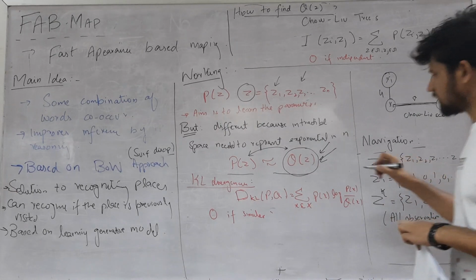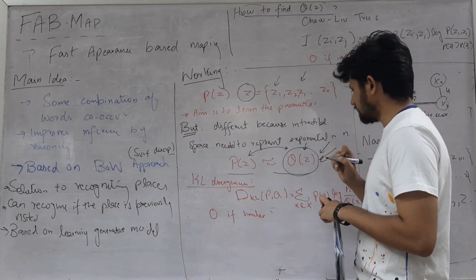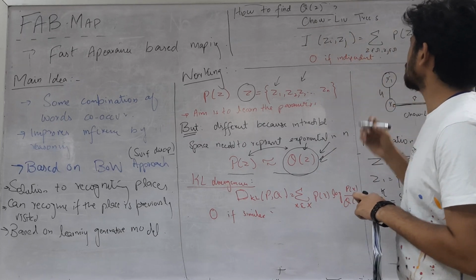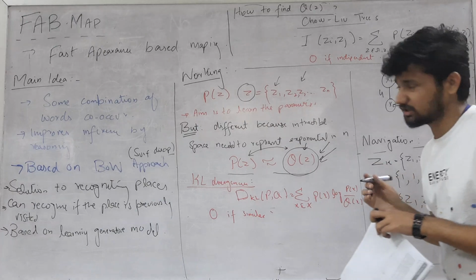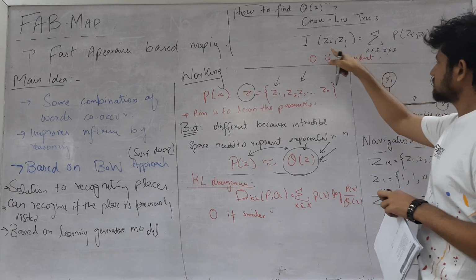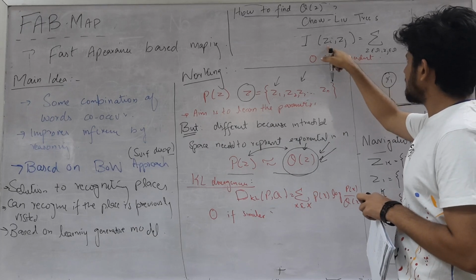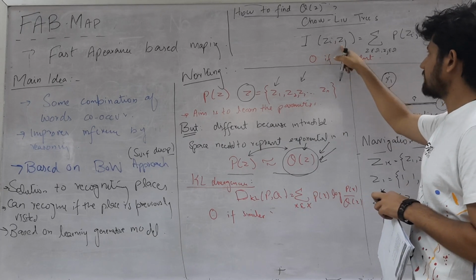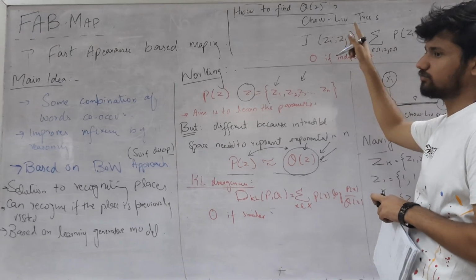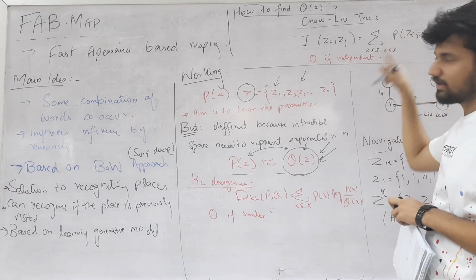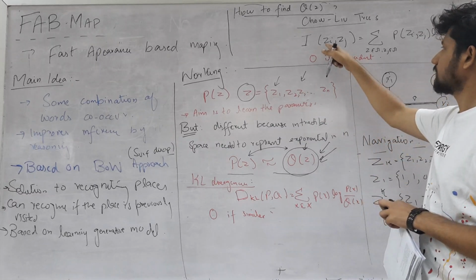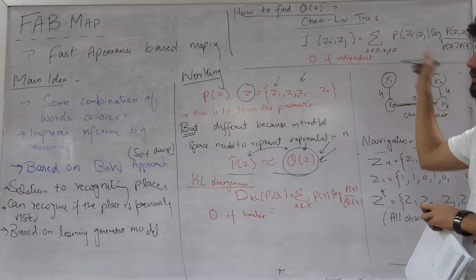Okay, now the question is how you will find this distribution. You find it with Chow Liu trees, hope I'm pronouncing it right. So what does it say? It says you need to find a score between every pair of features, z1 and z2, 1 and 2, 1 and 3, 1 and 4, 1 and 5, every pair of words.